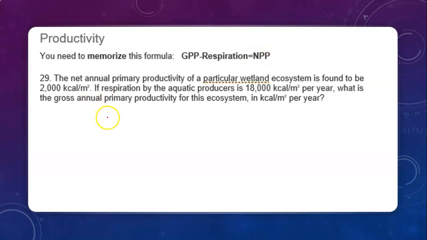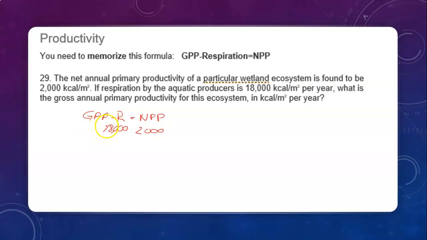So if you look here, the net annual primary productivity of the wetland is found to be 2,000 kilocalories per meter squared, and the respiration is 18,000 kilocalories per meter squared. Then what is the gross annual productivity? So really what we're looking at here is GPP minus R is equal to NPP, and this is 2,000, and this is 18,000, and we're solving for this right here.